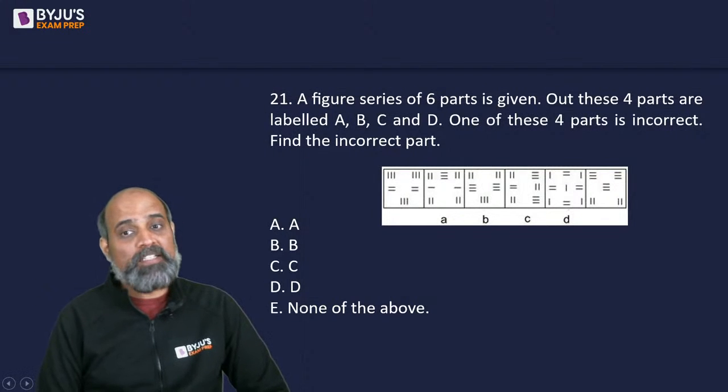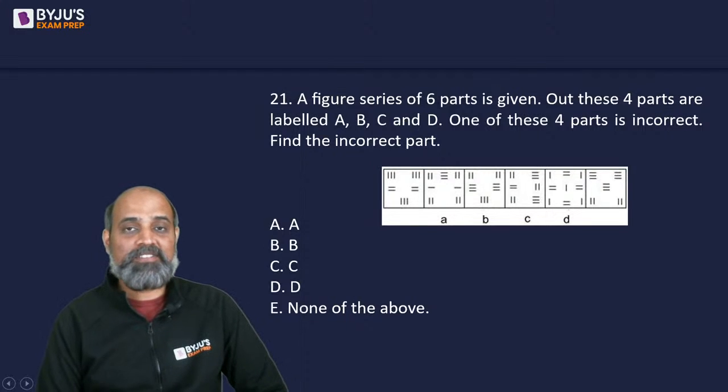Next one, a figure series of 6 parts is given. Out of these, 4 parts are labeled A, B, C, D. One of these 4 parts is incorrect. Find the incorrect part. So odd one out again.